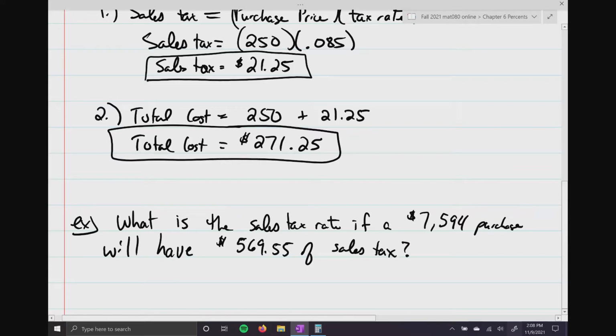All right, so here's what's happening. Somebody purchased something for $7,594. The taxes on that $7,594 was $569.55. We want to know, what is the sales tax rate?